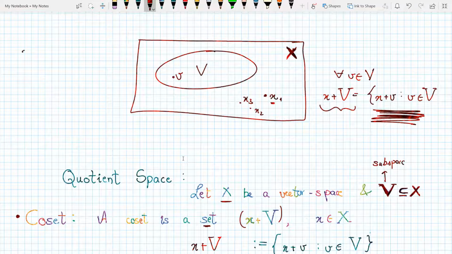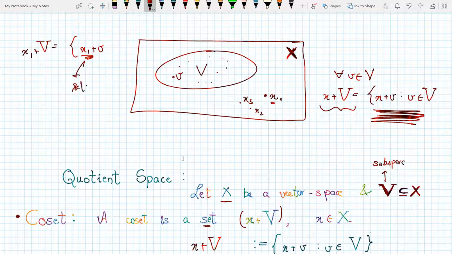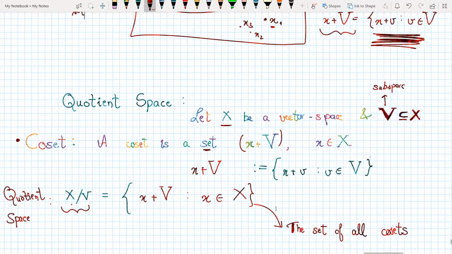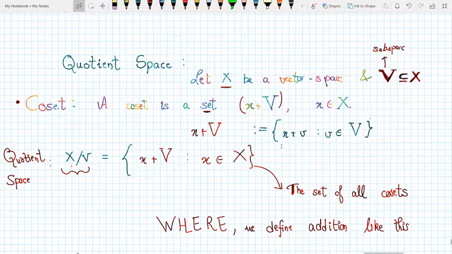If I write x1 plus V, I take x1 and add it to every v belonging to capital V, so this is a set. Similarly, for every element in my vector space X I do the same operation. I take the set of all cosets, and this is what I call my quotient space.